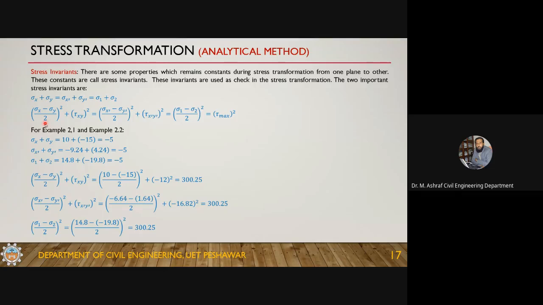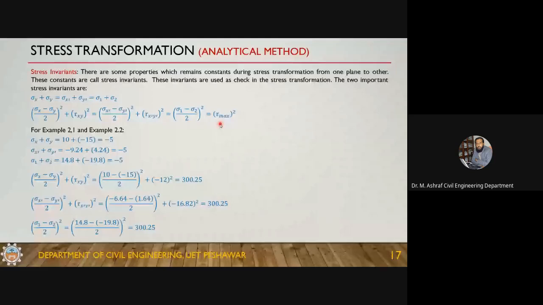So if you use the xy plane, the x prime y prime plane, or the principal plane, where there is no shear since you have only the normal components, it must equal tau maximum squared. So this is another stress invariant.